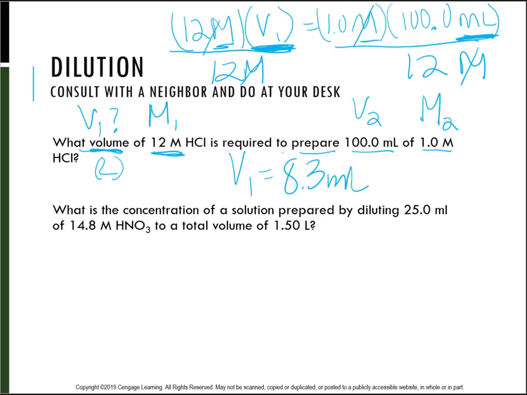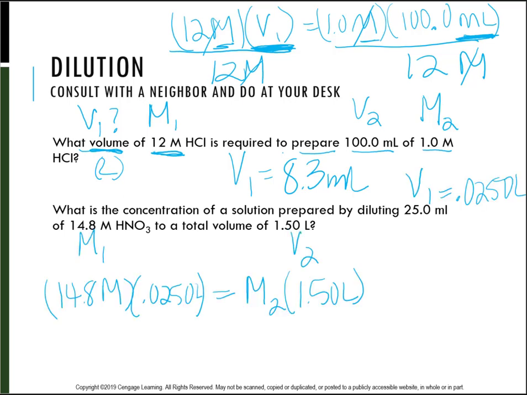Let's try the second one. How about you try setting it up? What's the concentration of a solution prepared by diluting 25 milliliters of 14.8 molar nitric acid to a total volume of 1.5 liters? Be careful of your units. Now, it wouldn't matter if you put milliliters into liters or liters into milliliters. You will get the same answer.